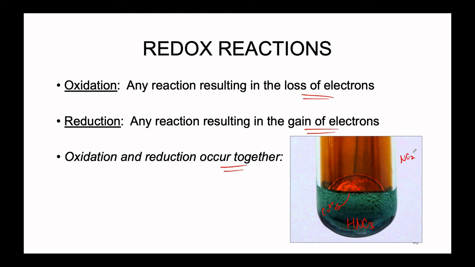So one of these species is losing electrons, meaning the copper, as it is turning into copper 2+, has to be losing electrons. The HNO3 is going to be gaining electrons, which is what allows it to completely change phase, going from this aqueous acidic state into this brownish gaseous state.